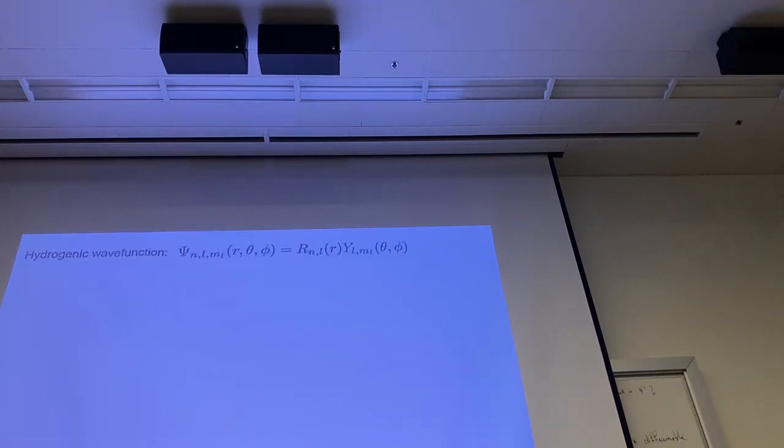Finally, this whole idea of nodes is important because it tells us a lot about the character of the wave function. There was a gentleman last lecture that asked about this, so I figured here it is. And I'd like to stress there's 2 types of nodes. Angular nodes, we just looked at them.